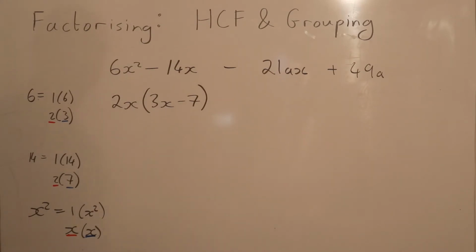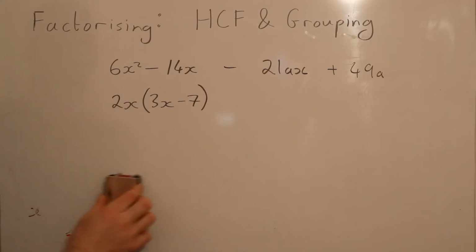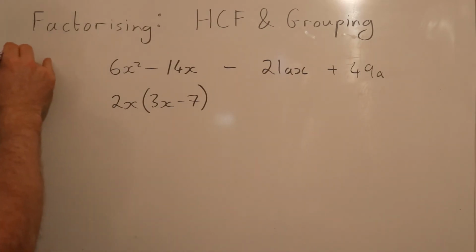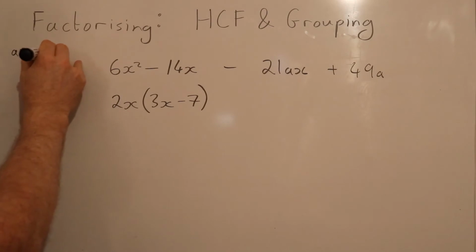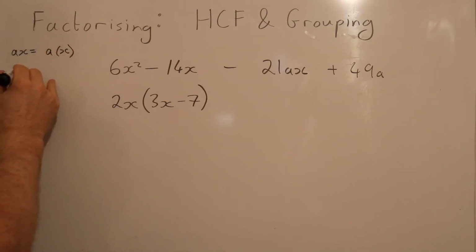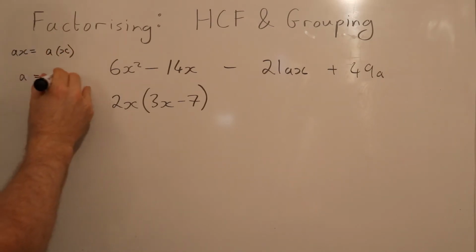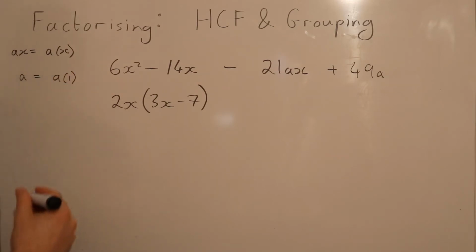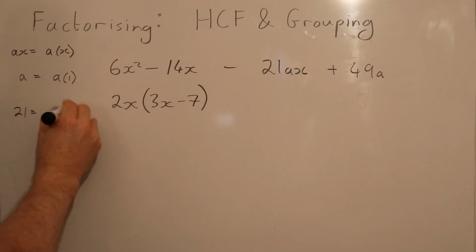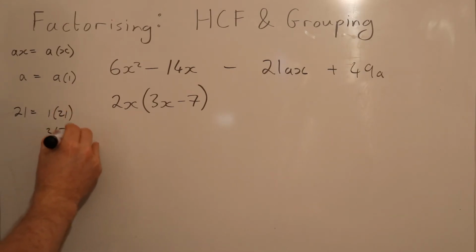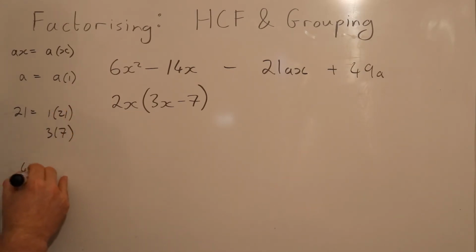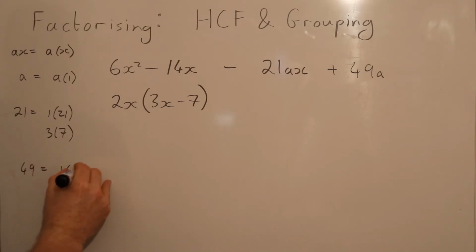So looking at factors of, for instance, ax, it's just a times x. Factors of a, of course, is just a times 1. So what about the 21? 1 times 21, 3 times 7. 49: 1 times 49, 7 times 7.